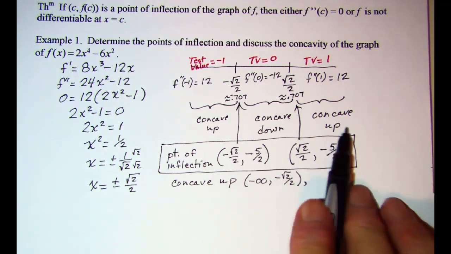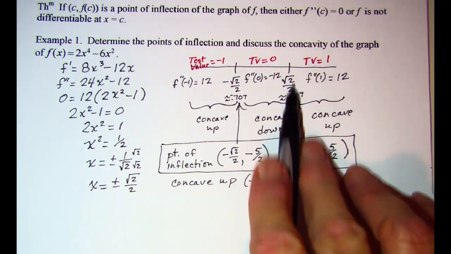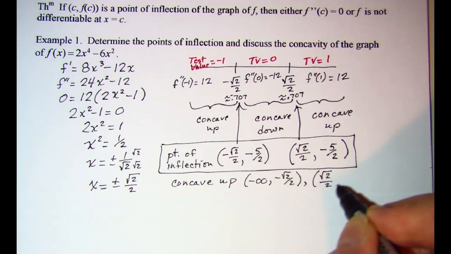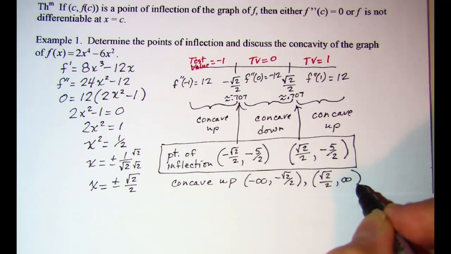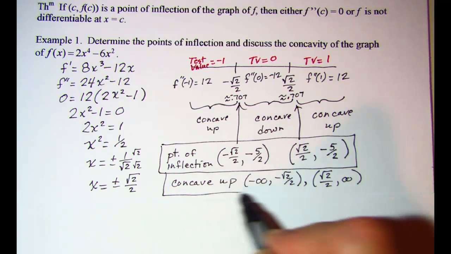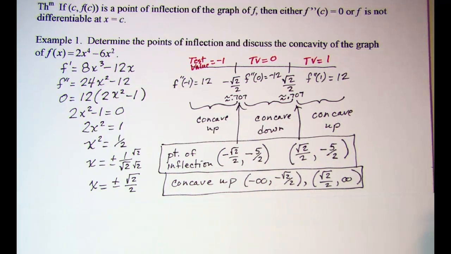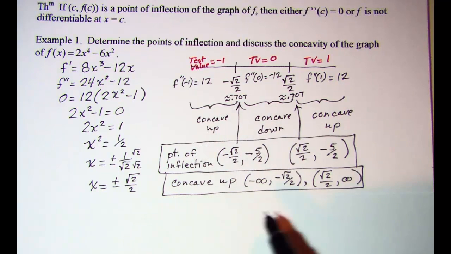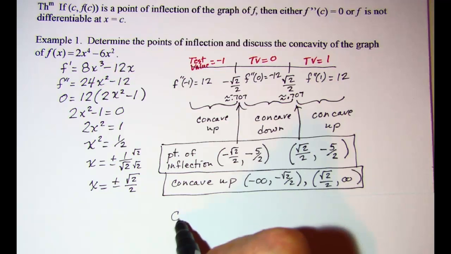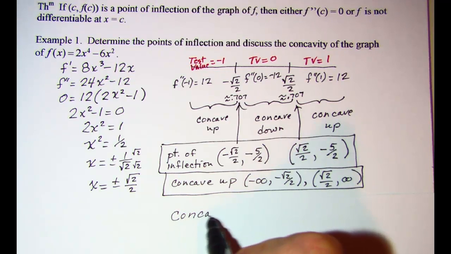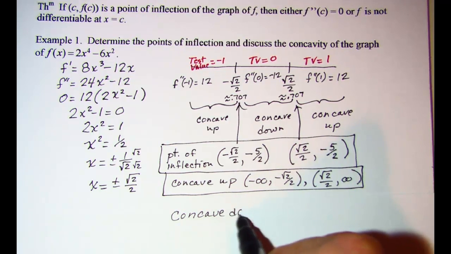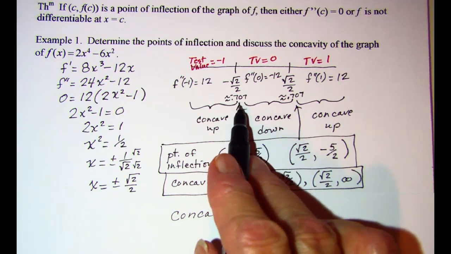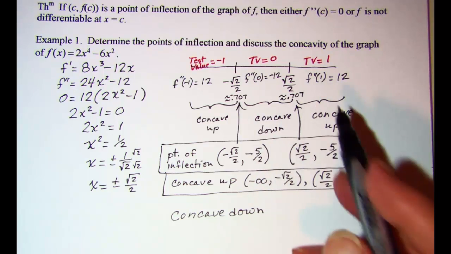And it's also concave up on root 2 over 2 to infinity. We have concave down on negative root 2 over 2 to positive root 2 over 2.